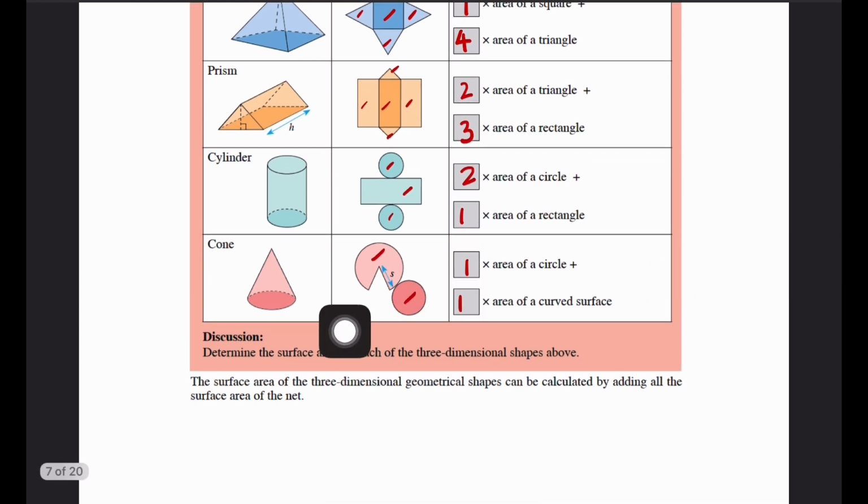So look at the discussion over here. Determine the surface area for each of the three-dimensional shapes above. The surface area of three-dimensional geometrical shapes can be calculated by adding all the surface areas of the net. So this is the keyword: by adding all the surface areas of the net.